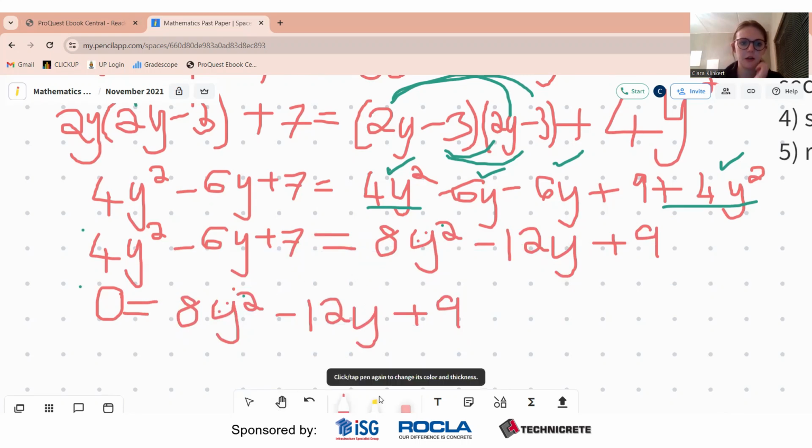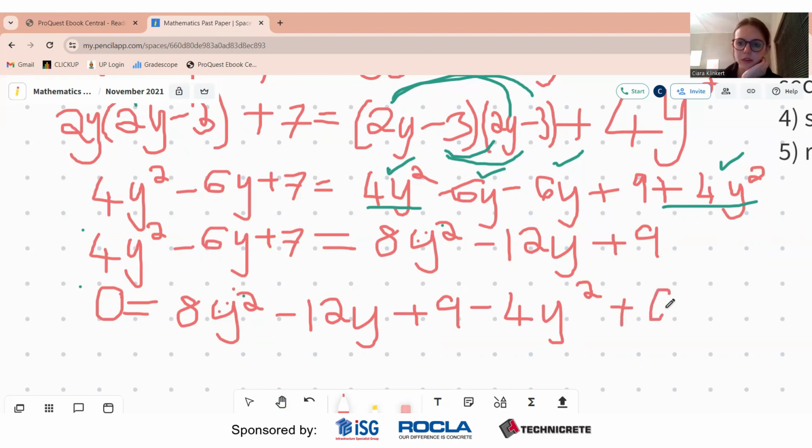Now I take the 4y squared over, so it becomes minus 4y squared. And I take the minus 6y over, so it becomes plus 6y. And the plus 7 becomes minus 7. I just want to quickly check that I've done all my signs correctly.